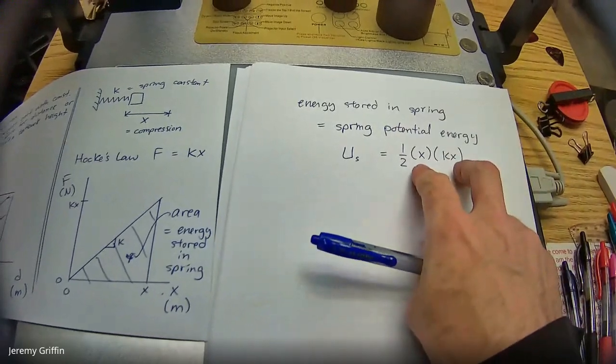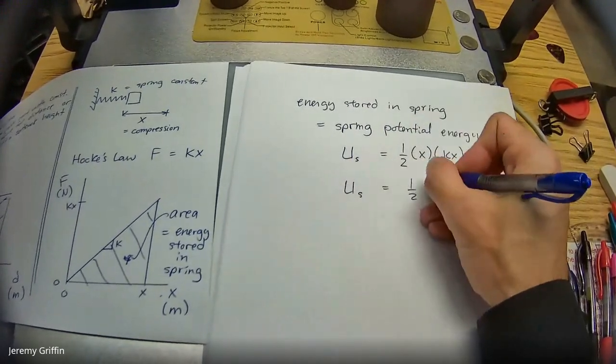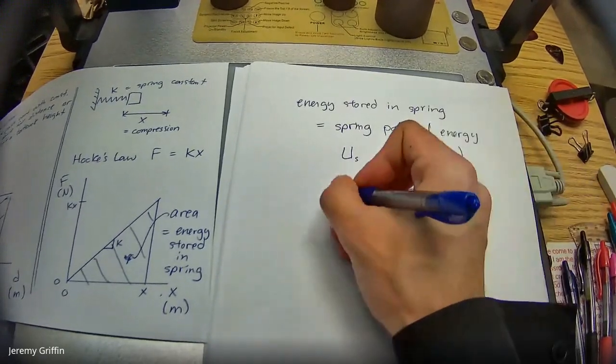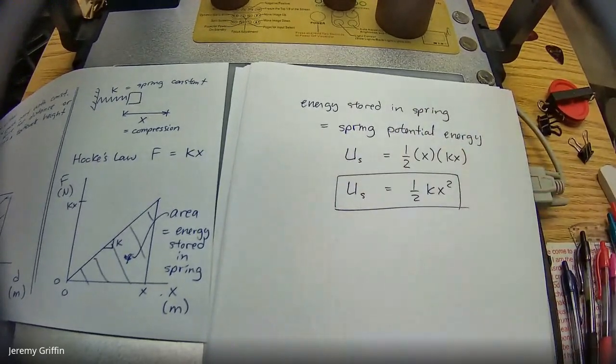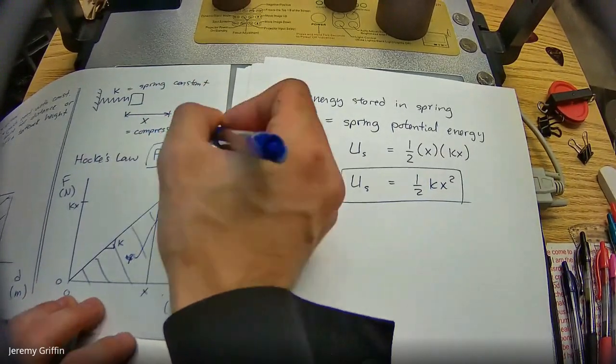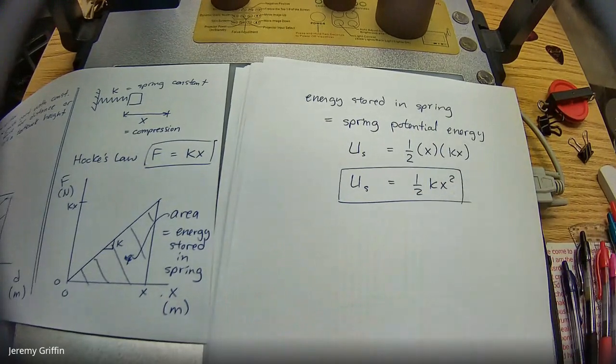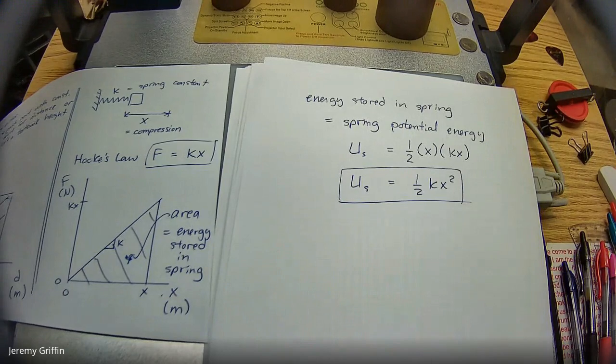Hey, you could consolidate this, just bring the x's together. Isn't that 1/2 kx squared? There you go. So now you know Hooke's law, F equals kx. But now you know something else about a compressed spring, which is the energy stored in it, is that expression right there. Is that all right?